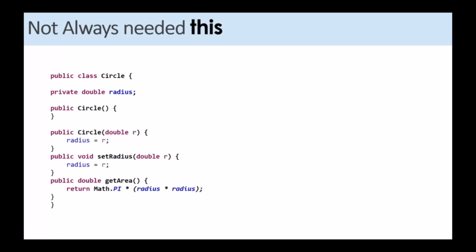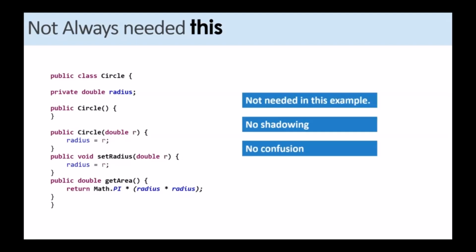And radius is the data member of the class, yes or no? So radius is equal to R. No problem, right? Good. So no problem at this level. Everything is clear. R is a variable that's coming from outside. No confusion in this example. Not needed, right?